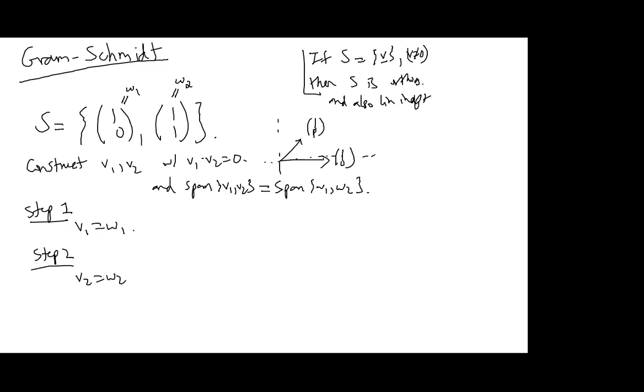But what we can do is subtract off some part of W1, let's say C W1, and we want to figure out what C is, so that V1 and V2 are orthogonal.